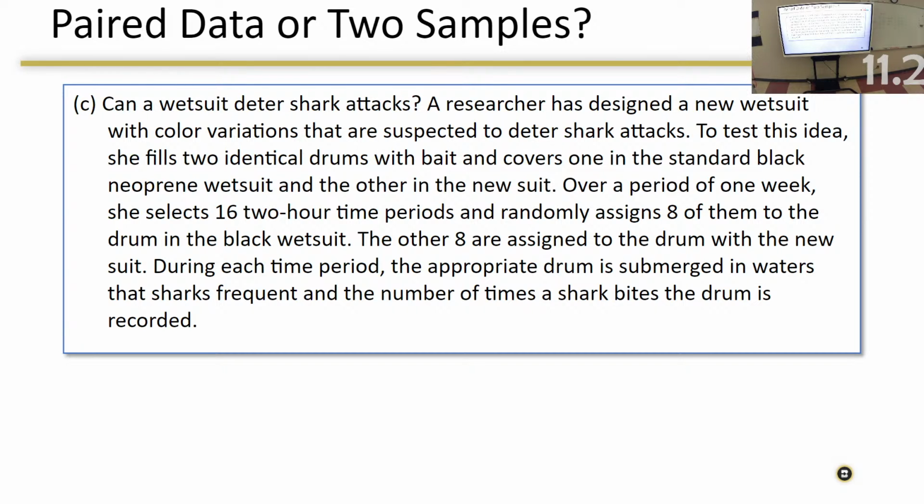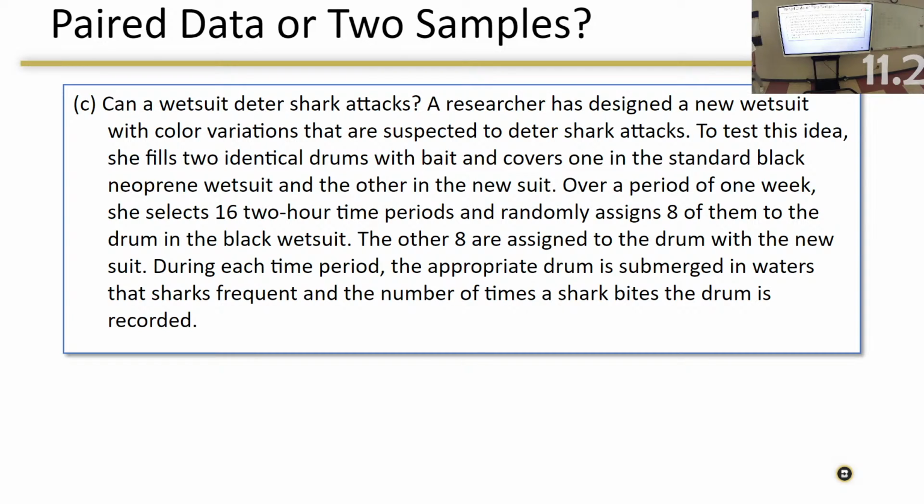Over a period of 1 week, she selects 16 2-hour time intervals and randomly assigns 8 of them to the drum in the black wetsuit. The other 8 are assigned to the drum with the new suit. During each time period, the appropriate drum is submerged in water, and the number of times sharks bite the drum is recorded. A little bit tougher to figure this one out.